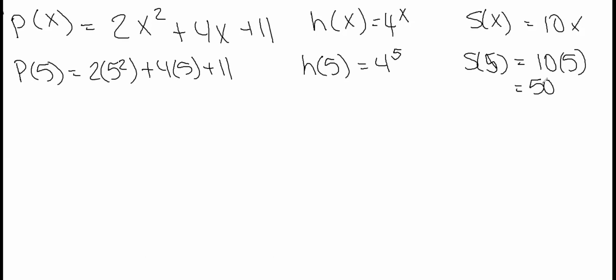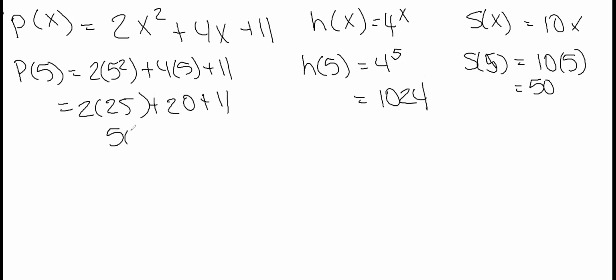And we want to know which one is the biggest. Oh, there's my calculator. So 4 to the 5th is 1,024. Michael, are you still awake? Yeah, I stayed awake. It's a miracle. So then on this one, I have 2 times 25 plus 20 plus 11, which is 50 plus 20 plus 11 is 81.